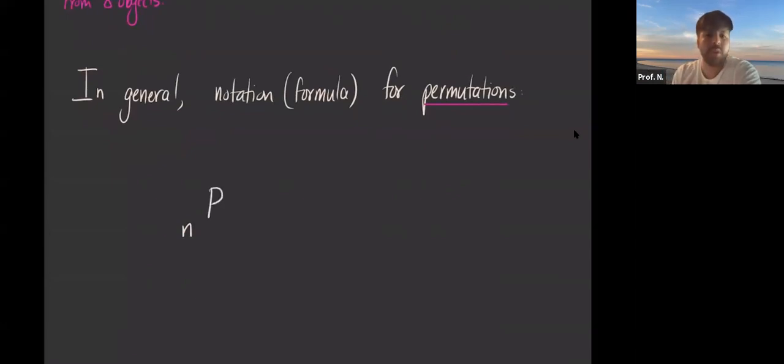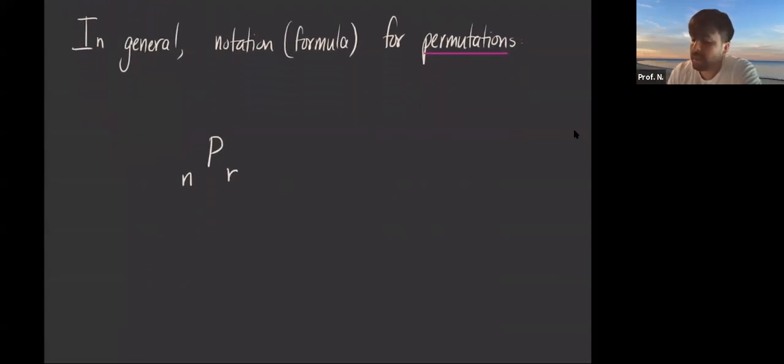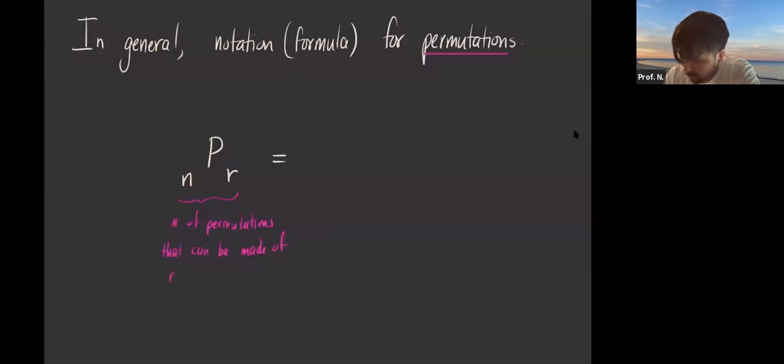P, of course, is for permutations, and R is for the smaller number within, so R could be anything from N all the way down. Okay, so NPR is the number of permutations that can be made of R objects from a total of N objects.